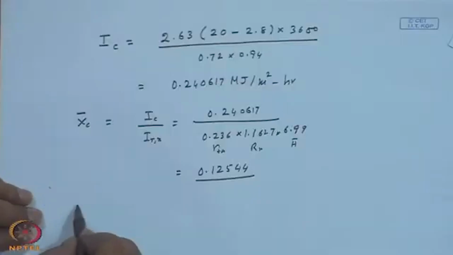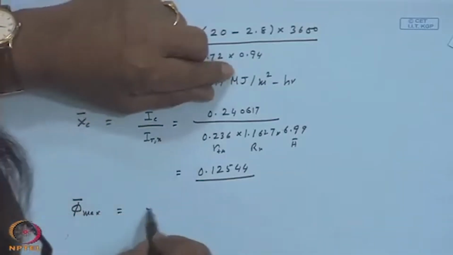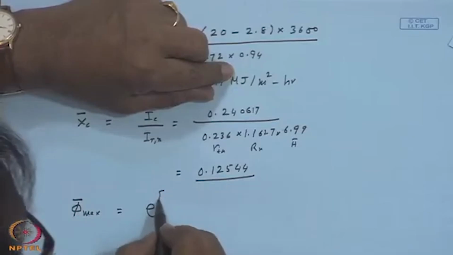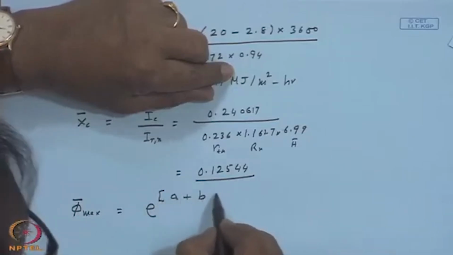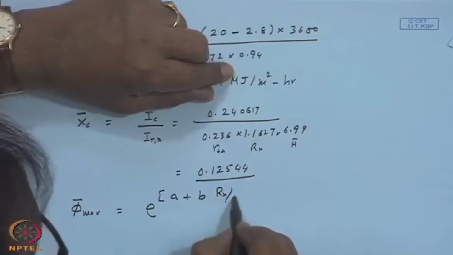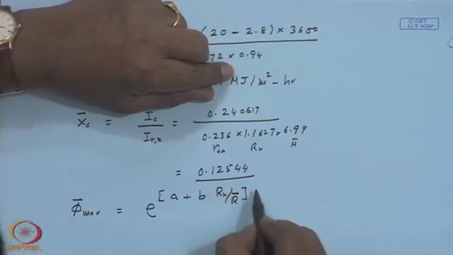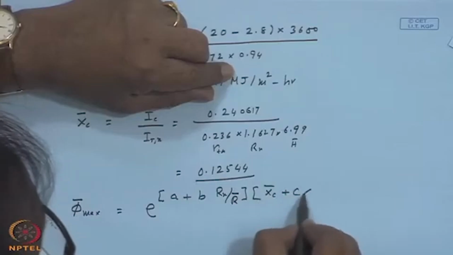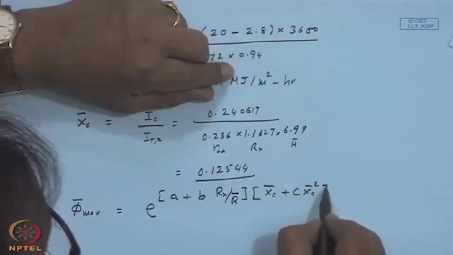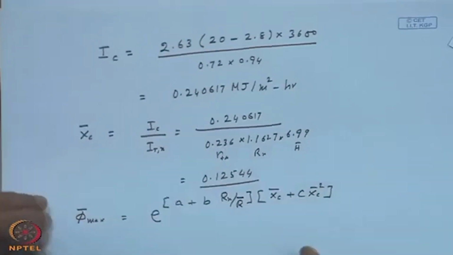Now, phi bar max will be exponential to the power a plus b times R n by R bar times x c bar plus c x c bar square, right.